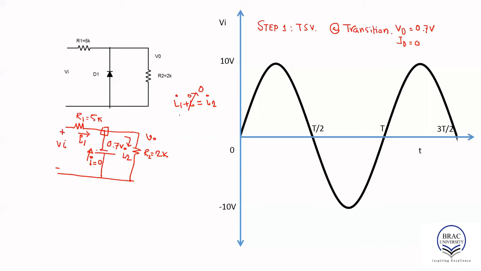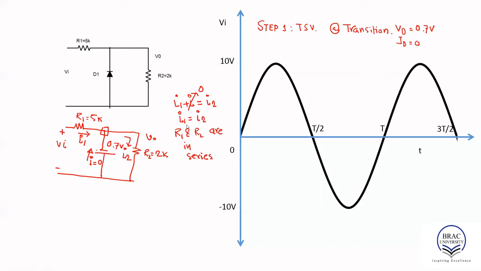So that means I1 equals I2. So I can say that R1 and R2 are in series. So I have found out that R1 and R2 are in series because the same current is flowing. I1 and I2 are the same, the same current is flowing.